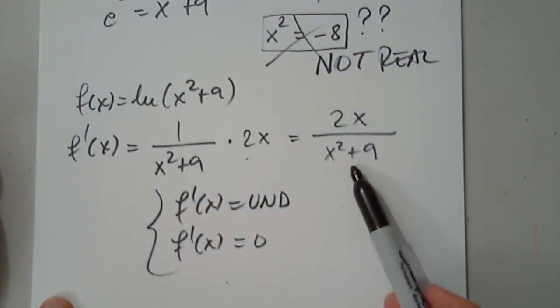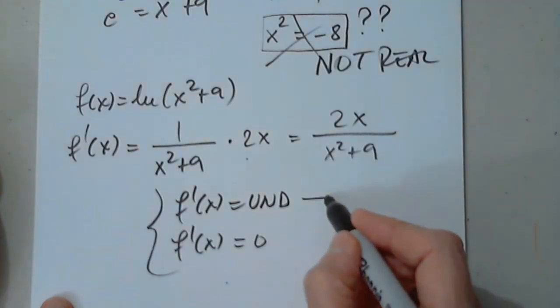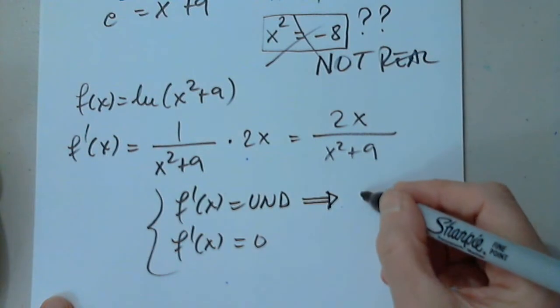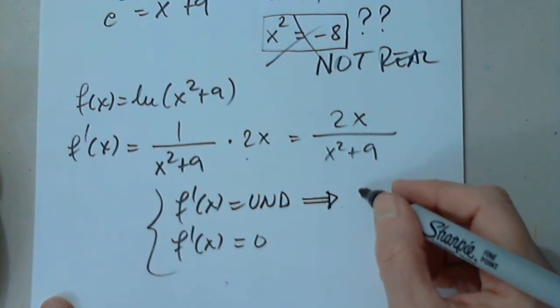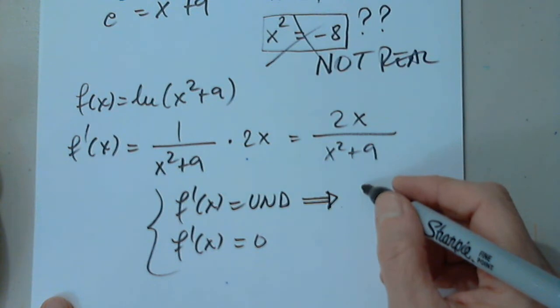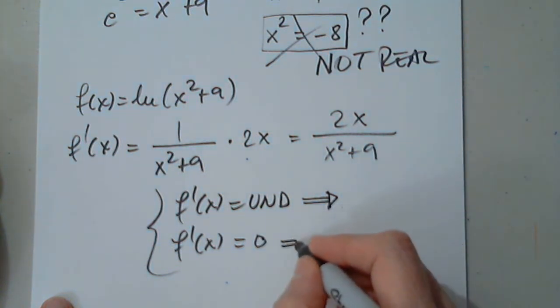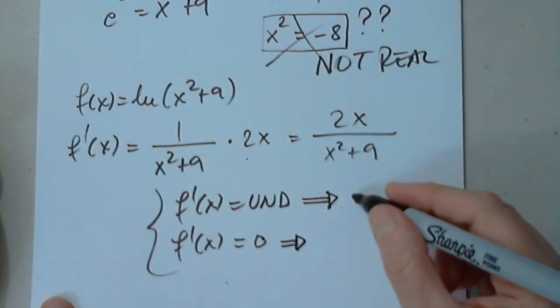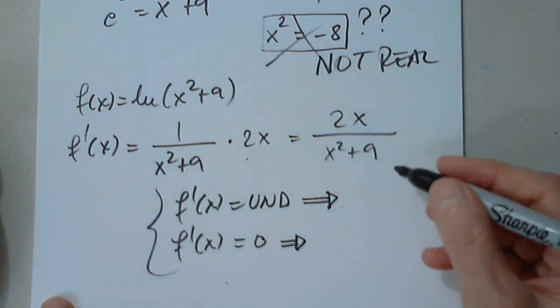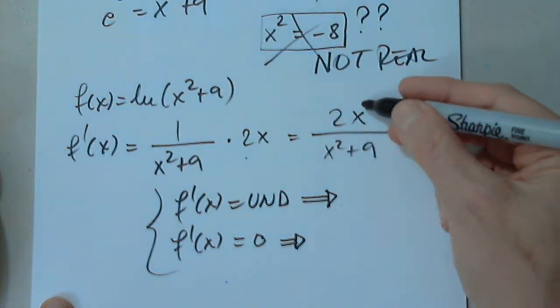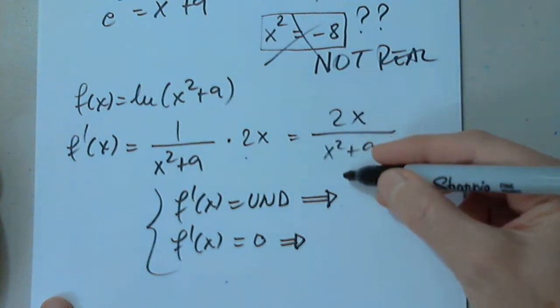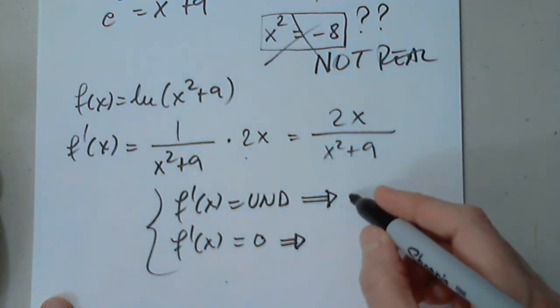Where is this function undefined? For which values of x is this function undefined? Nowhere.